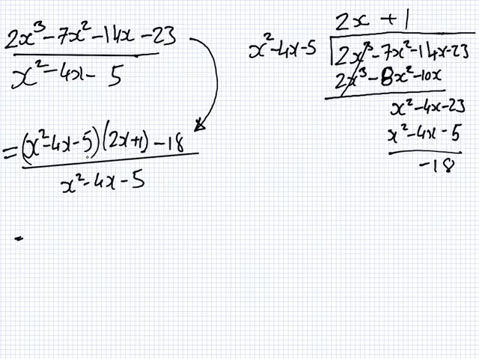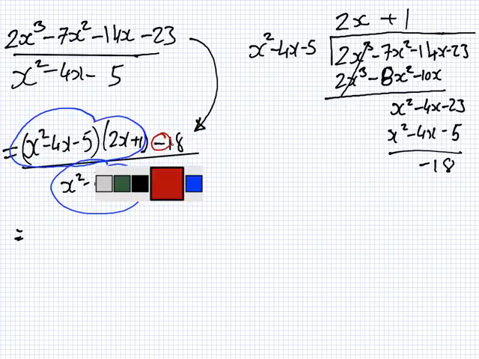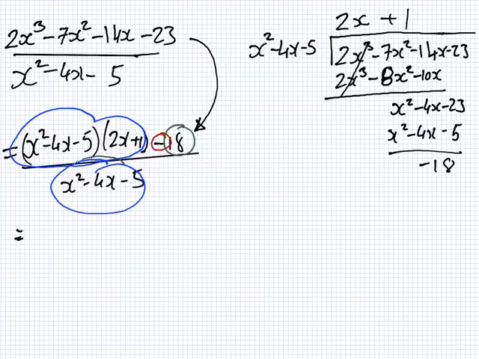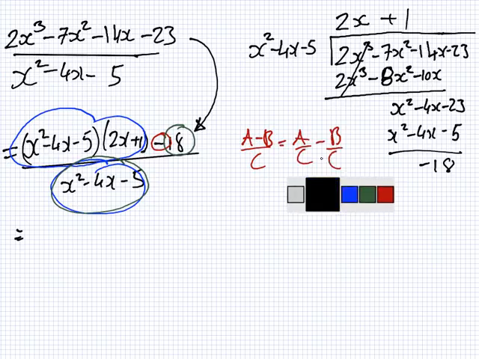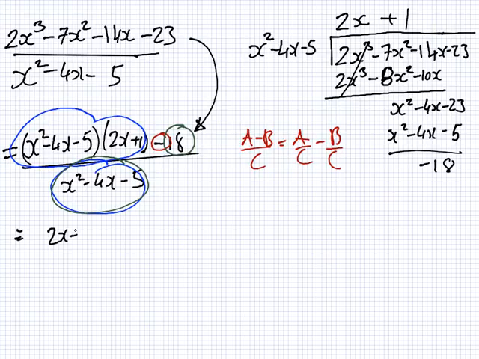We can separate it. We can say it's this over this minus this one over this one. You know, like A minus B over C equals A over C minus B over C. So when you take this one, you can see these cancel, and you're left with 2x plus 1.